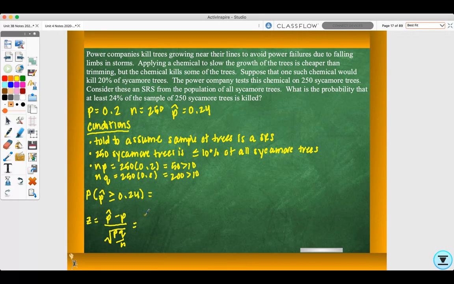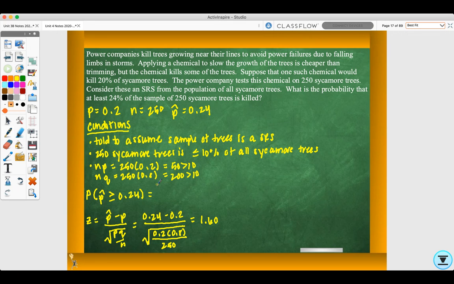So our test statistic is 0.24, our parameter is 0.2, and then we would plug in for our standard deviation. p is 0.2, q is 1 minus 0.2, which is 0.8, and our n is 250. You do have to show this work. So this is work you do have to show. You go ahead, you put this in your calculator, and you get 1.6.